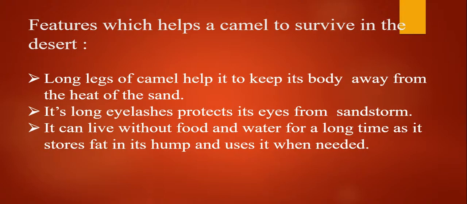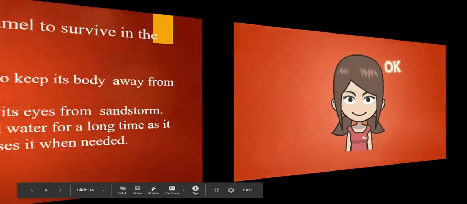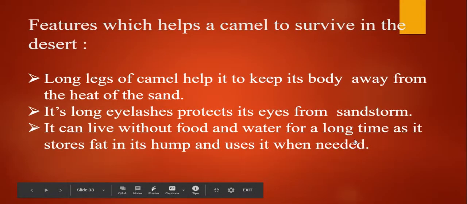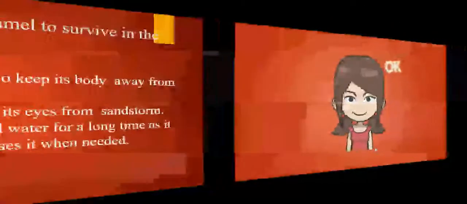Its long eyelashes protect its eyes from sandstorm. It can live without food and water for a long time as it stores fat in its hump and uses it when needed.